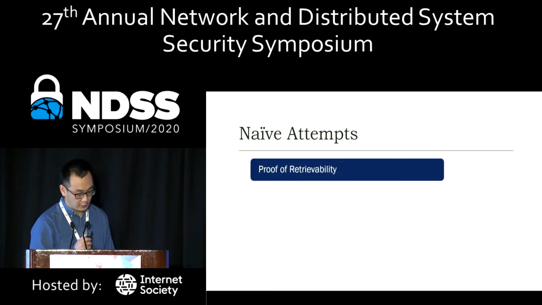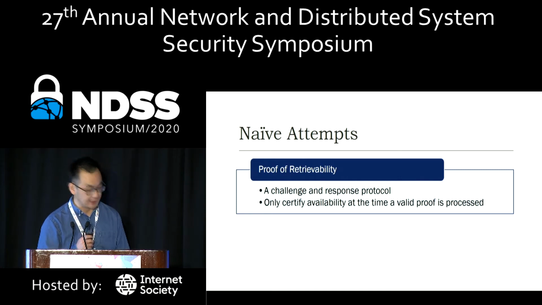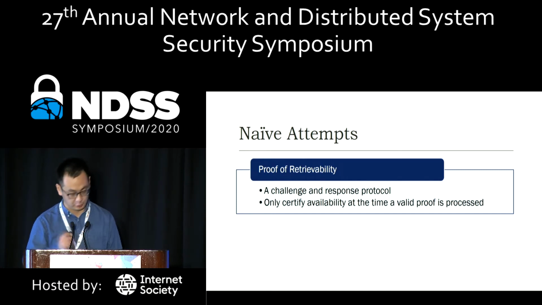First of all, let's recall the classic protocol called proof of retrievability. Proof of retrievability is a challenge-response protocol that can verify data availability. However, POR can only certify availability at the time a valid proof is produced, only a time point.